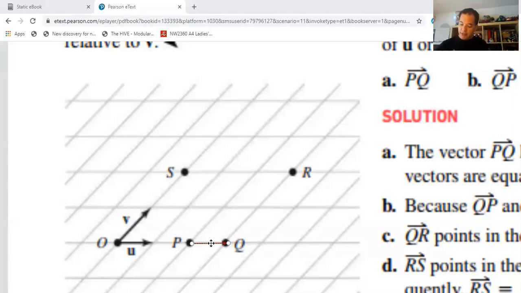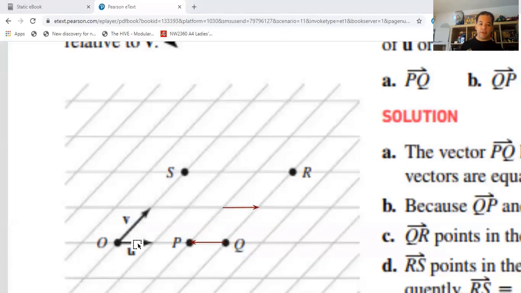How about now QP? What if instead of PQ, let me put PQ over here for a moment. And then what if I wanted to do QP, right? From Q to P. And you should realize that that's the same magnitude, right? It is exactly the same magnitude.